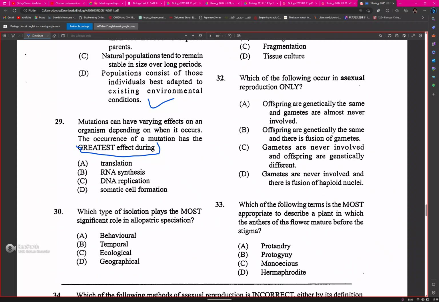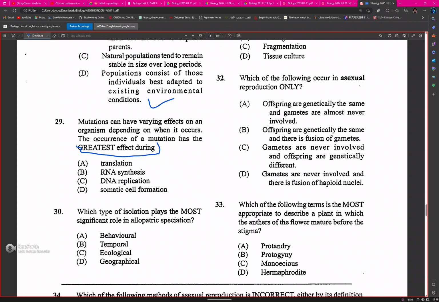Okay, so what we're saying here is that mutations are created mostly in replication, when replication goes wrong or when transcription goes wrong. So mutations will occur there. But the greatest effect of mutations, the greatest effect of the genotype of the organism, is displayed in its phenotypic traits.